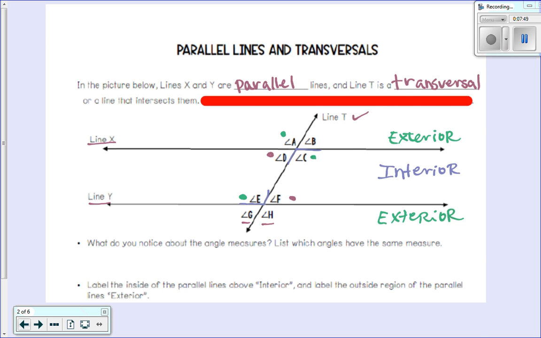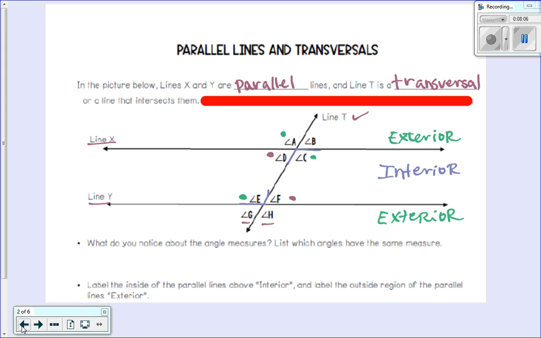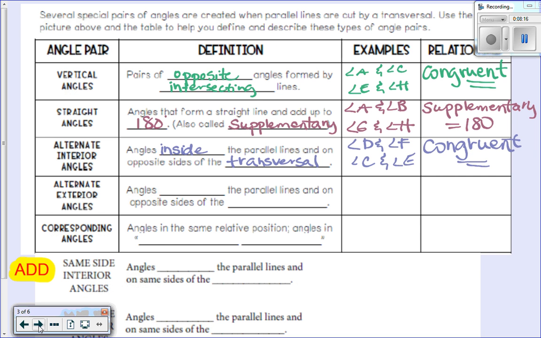So they are congruent. Got it. Now I'm going to put an equal sign. When you identify that relationship, you know that they are equal. Because we know angle C and angle D are supplementary, they are not congruent, right?